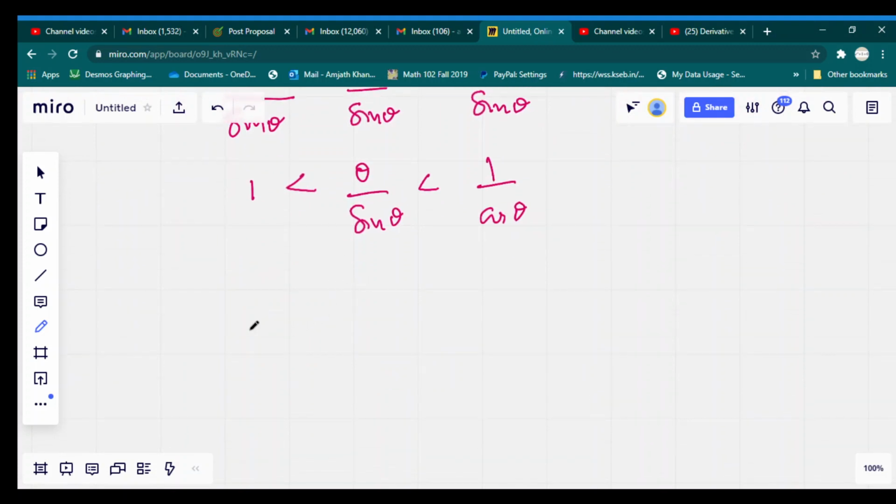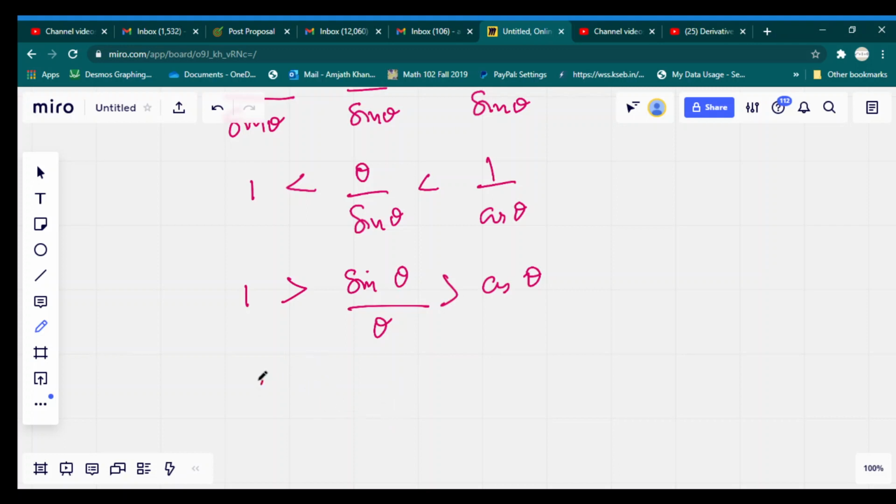Let's take the reciprocal of these quantities, then the inequality is reversed. The reciprocal of 1 is 1, which is greater than sine theta over theta, which is greater than cosine theta.